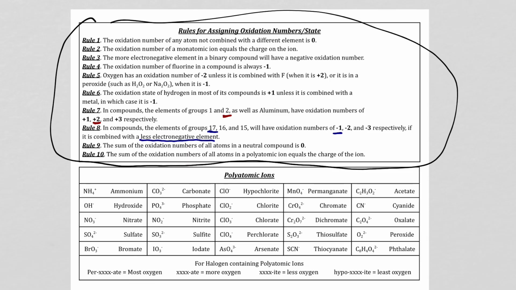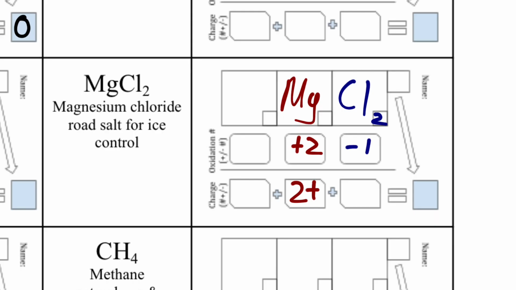Just in case you forgot, group 17 should be -1 in terms of their oxidation numbers, especially when they're combined with less electronegative elements, which magnesium is. So therefore, this is going to be -1. Because there's 2 of them, this is 2 times 1, so we get the 2- there. And that's going to get us to the 0, which is what most compounds should be. Any compound should lead to the sum of the charge being 0.